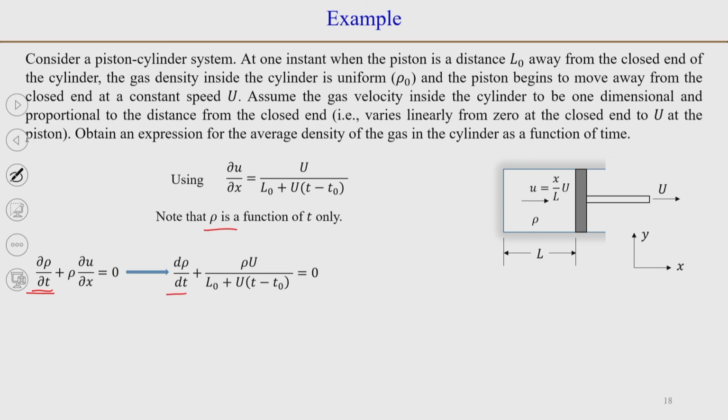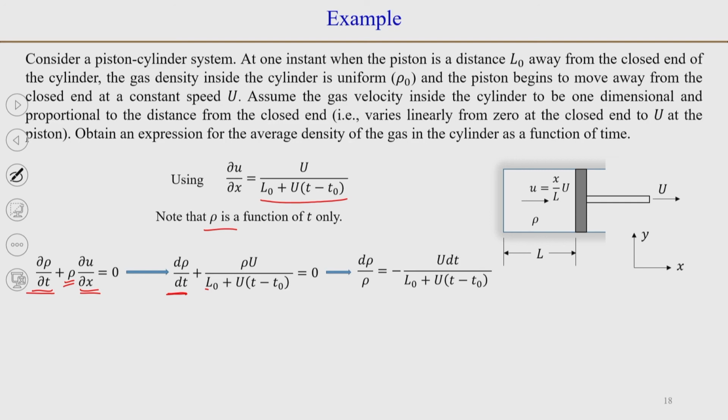So d rho by dt plus rho times dou u by dou x, where dou u by dou x is u divided by L naught plus u times t minus t naught, and we can integrate this equation to simplify.